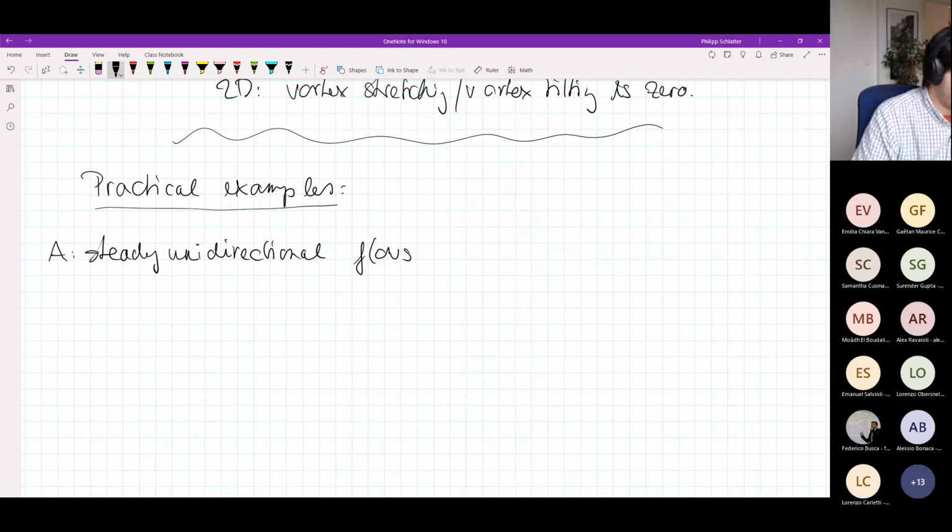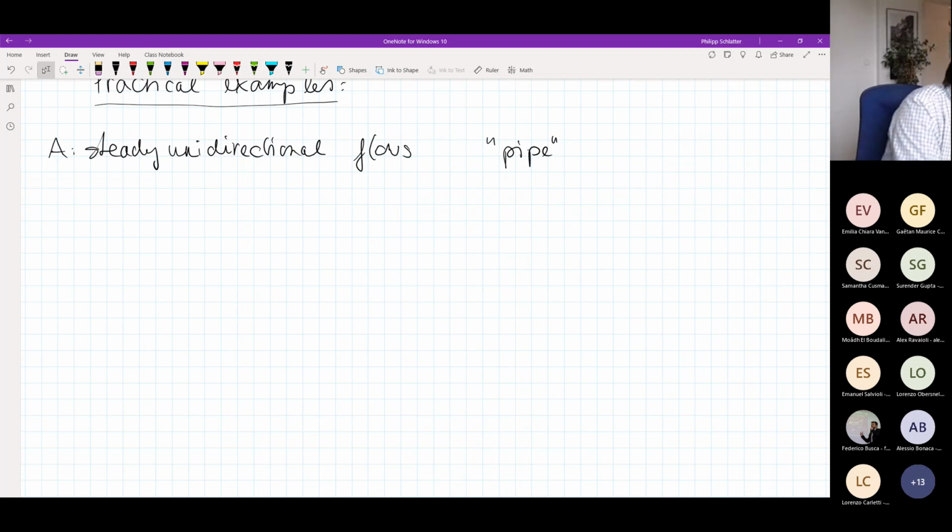That could mean, for instance, a pipe flow would be a steady unidirectional flow. What do I mean with unidirectional flows? Well, it's the flow that only goes in one direction.